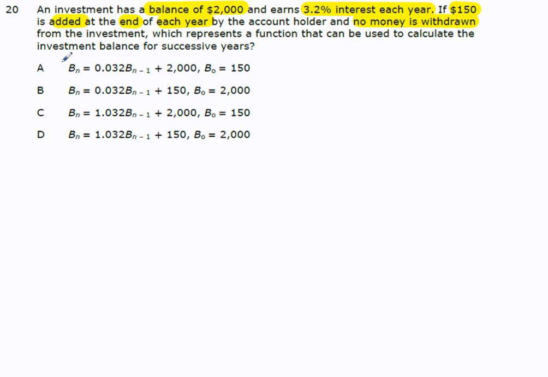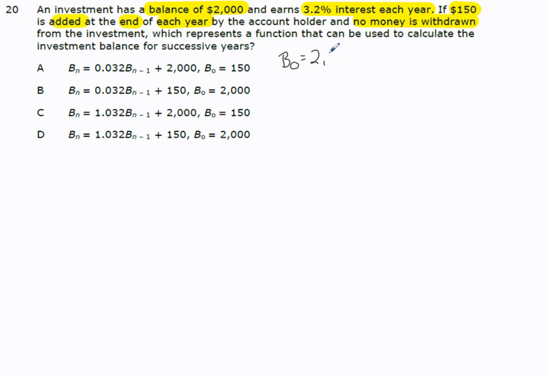Now you'll notice your answer choices are all recursive equations. The current balance is equal to something from last year and then something done to it. Okay, so to start with, the initial amount then is B sub 0. This is the stuff we start with.